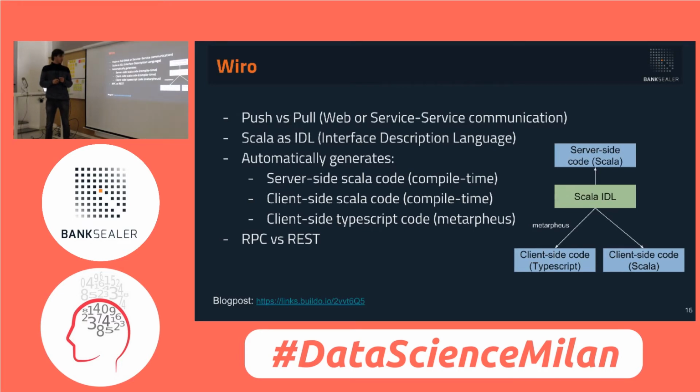This is useful for both web to server communication and service to service communication. What we're doing here is using Scala as an IDL. So Scala is our intermediate language. We have an interface, and from this interface, we generate the code for both the client and the server. So this is pretty easy for us, because once we have this tool, we can just write our interfaces, and all the code for the communication part is automatically generated.